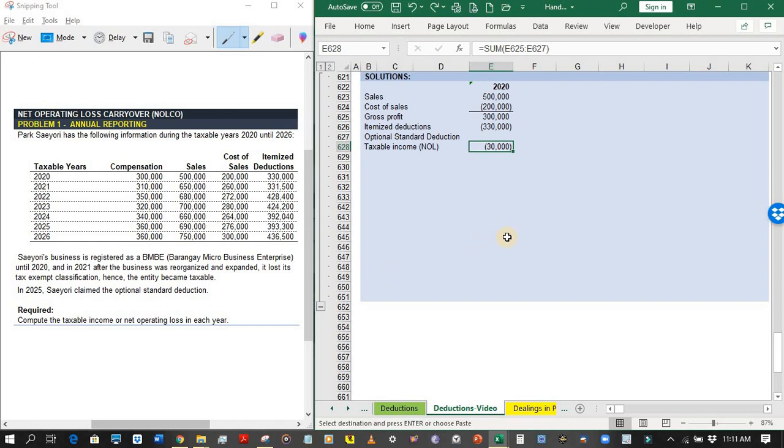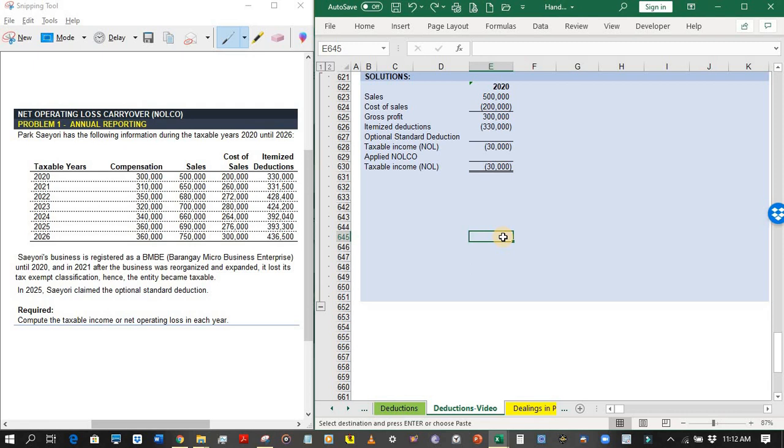So in 2020, we have a net operating loss because the itemized deduction of 330 is greater than the gross income from business. Let us leave a space also for the NOLCO in case we will have an applied NOLCO for the succeeding years. So for 2020, we have a net operating loss of 30,000 pesos.